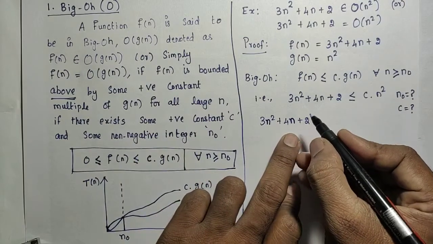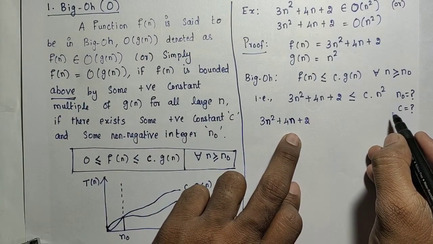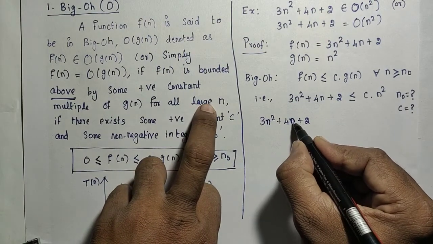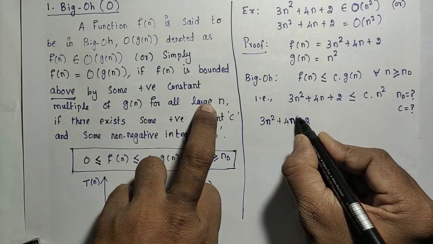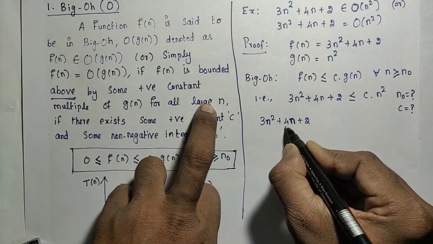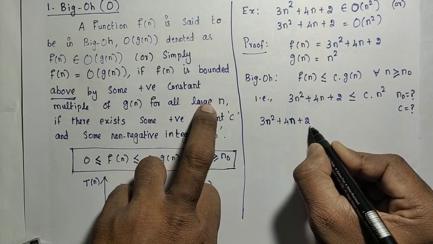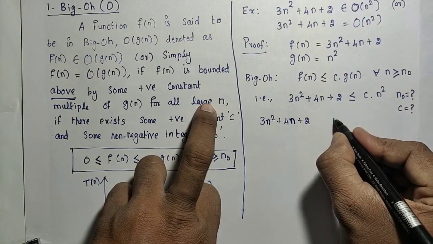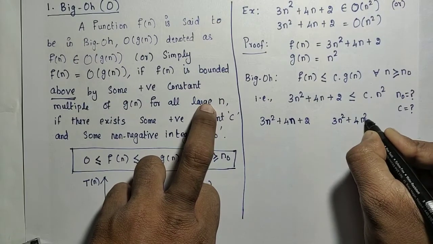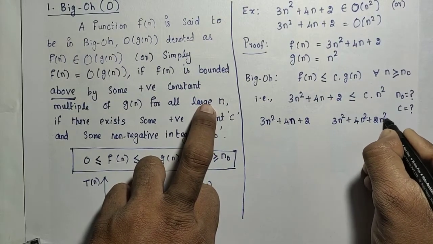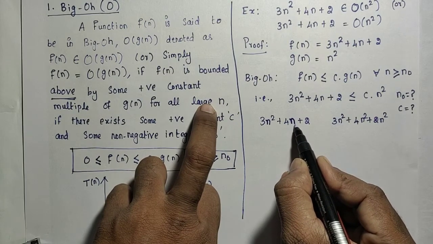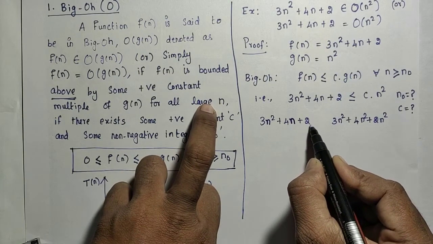We are saying that n is a positive number only, that is, all large n only. So if you are raising this power to n squared, and multiplying the 2 by n squared, we can say 3n squared plus 4n squared plus 2n squared. It means we have multiplied this term by n, and this term by n squared.